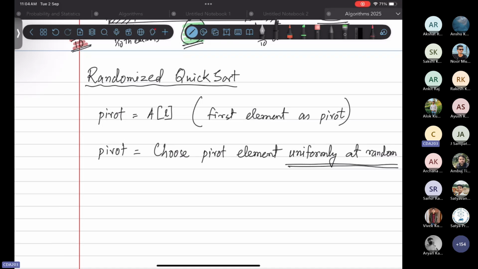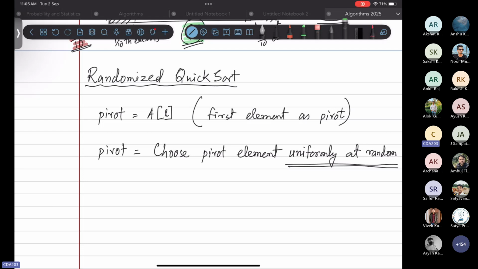Okay, so what do I mean by uniformly at random? Can anyone tell me what I mean by this term, at random? At random means that, let's say at the initial stage, I have n elements with me, and I'm going to take any of those n elements as my pivot.